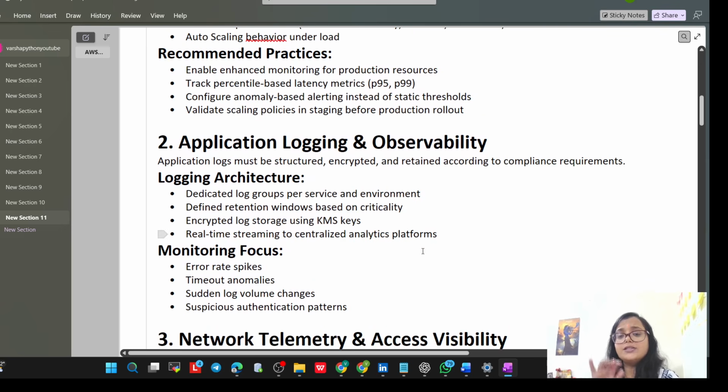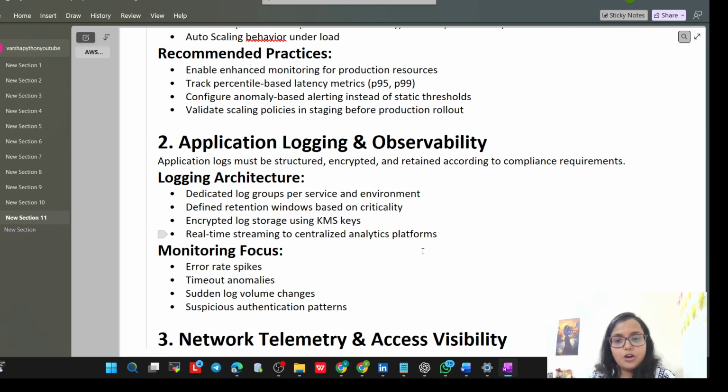Now, focus on monitoring error rate spikes, timeout anomalies, sudden log volume changes, and suspicious authentication patterns. Let's understand this by taking a real-time example. Suppose users reported checkout failure.